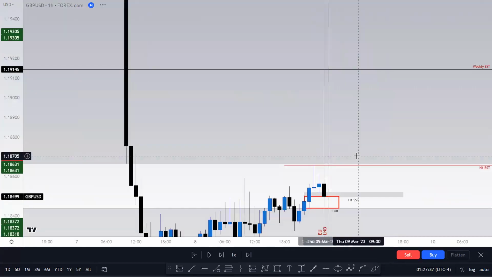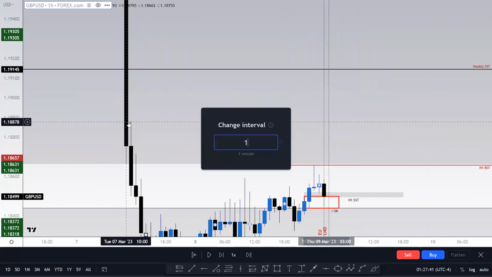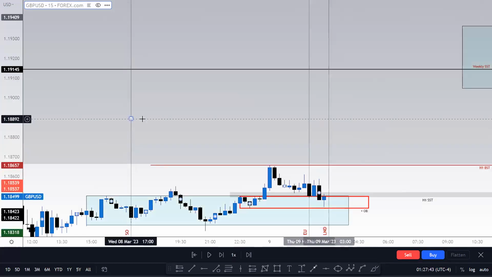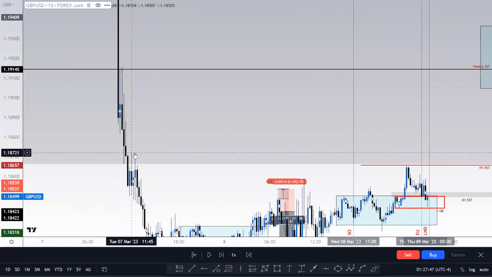Now, I could see that on the 1-hour time frame, there wasn't any. There was simply this imbalance right there. But that imbalance on the 15 minutes was a short-term high, and there was another short-term high where the weekly sell side target was.